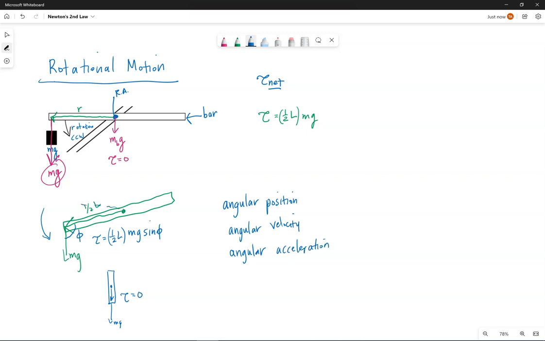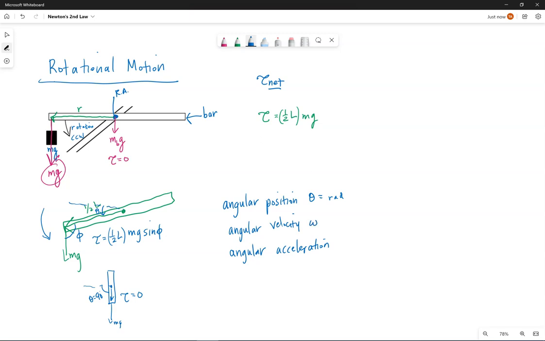As this bar falls, it's moving through some sort of angle. By the time it is vertical at the bottom, it has moved through 90 degrees exactly, which of course we would want in radians. Theta is this angular position, though if we're going to use equations that have theta in it, we do need that angle to be in radians.